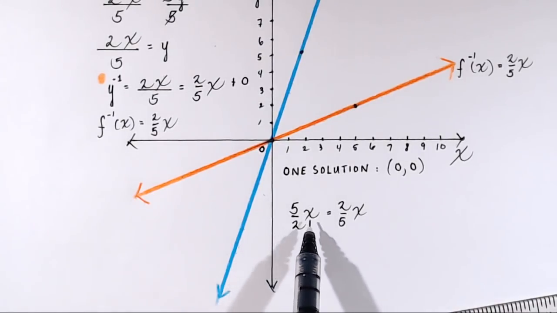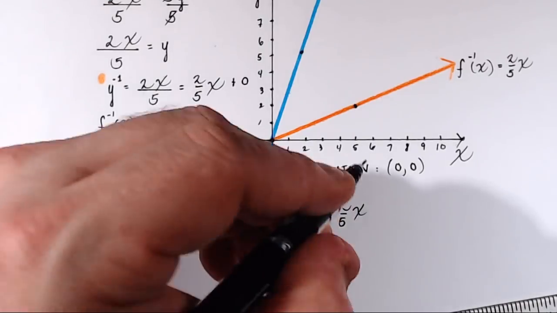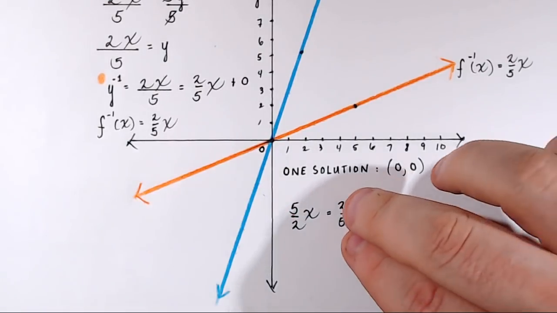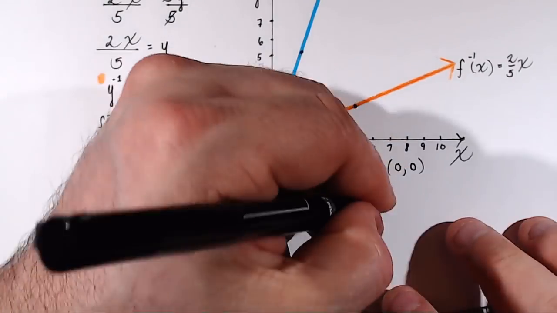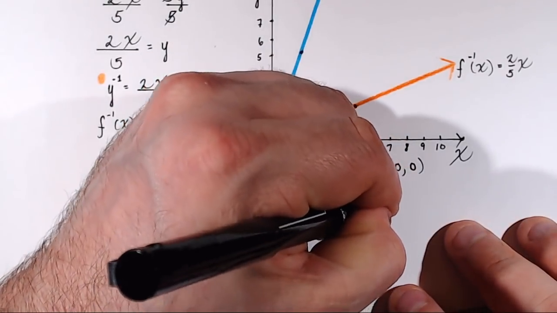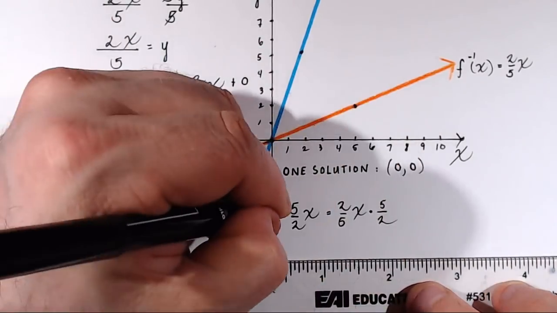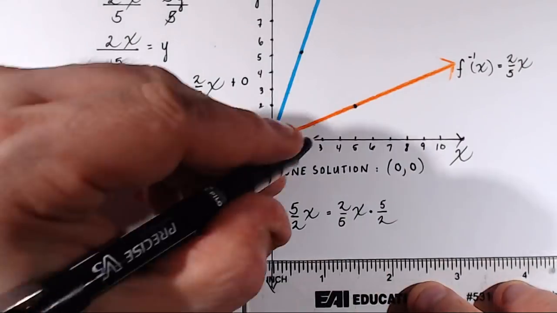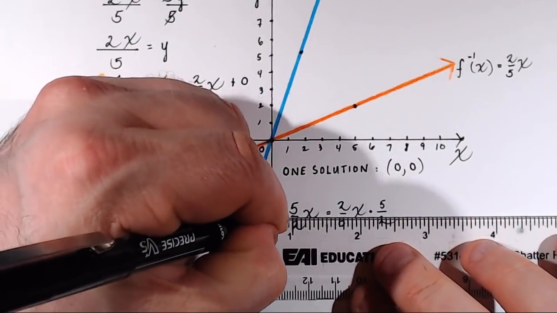So I will try to get x by itself. I can start on either side, but I'll do that here. I have 2/5 times x, so if I want to get rid of the 2/5, I'll multiply by the reciprocal, 5/2. And I have to do the same thing on the other side. So I have to multiply by 5/2 on the left.